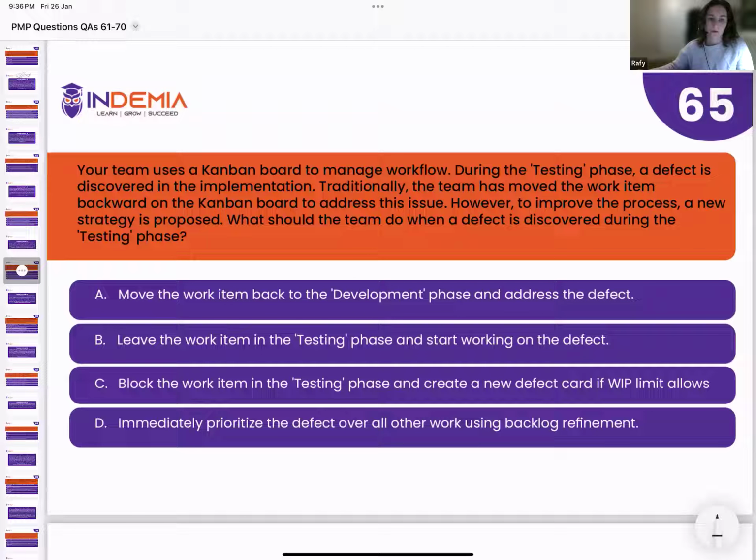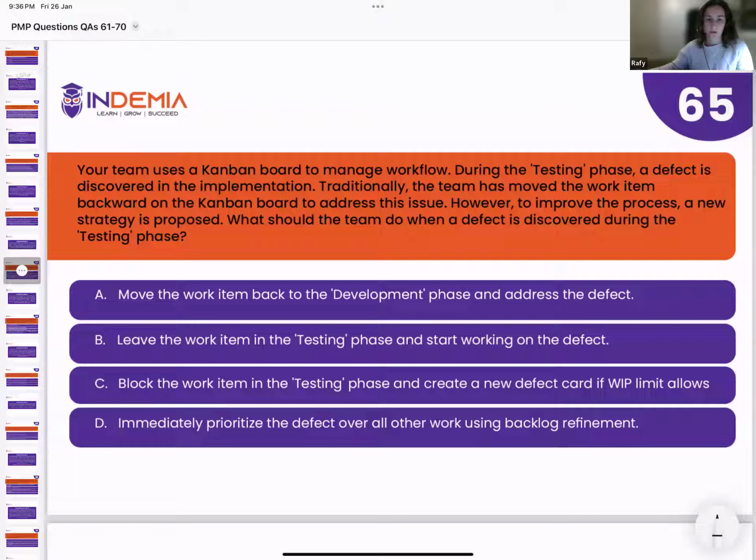Then the option C of creating a new defect card, and it says if work in progress limit allows, and it doesn't sound too reliable because it depends on the work in progress limit allows, so I eliminated option C. Then I was left with option B and D. Option D says to immediately prioritize a defect.